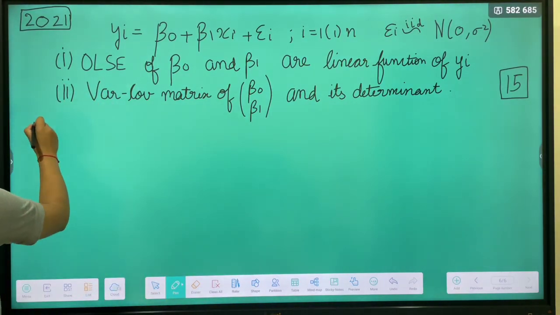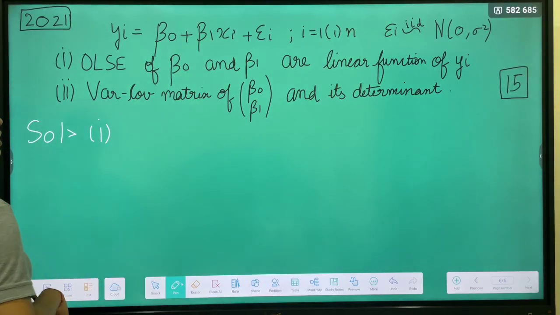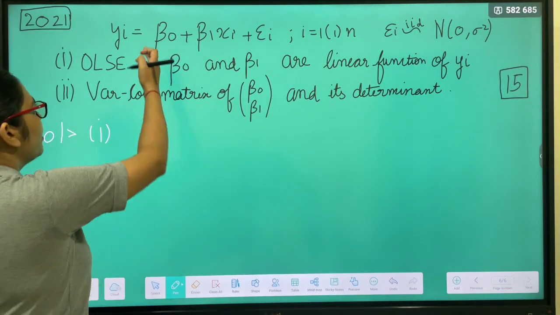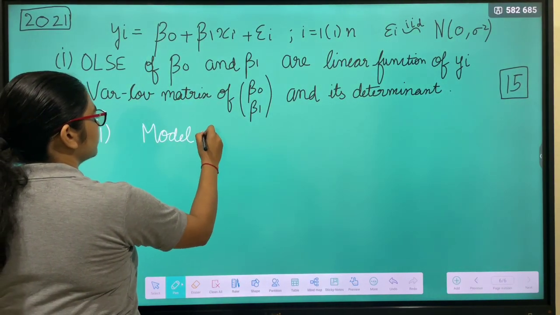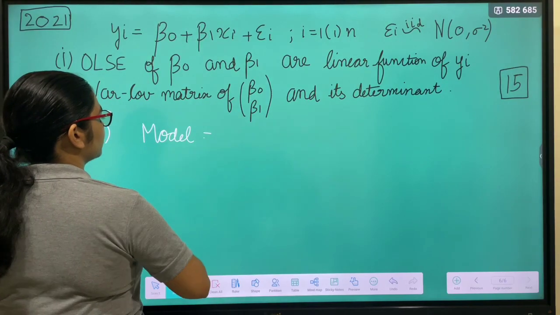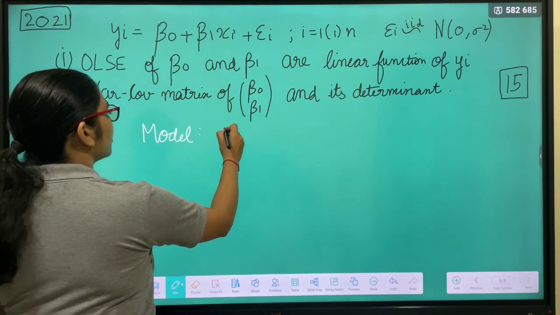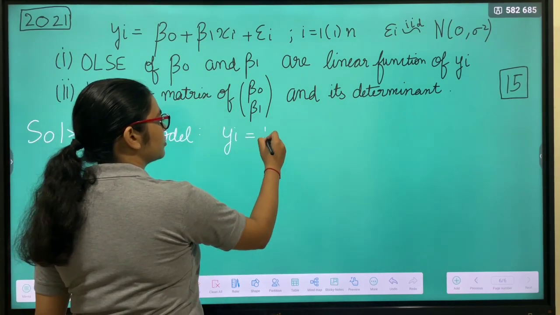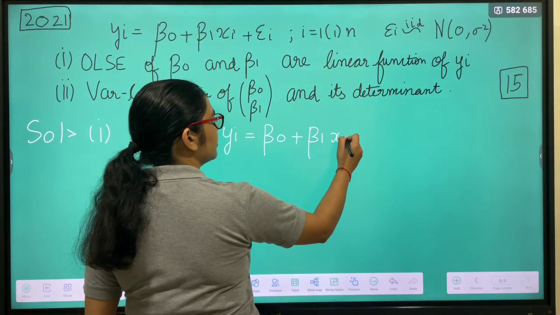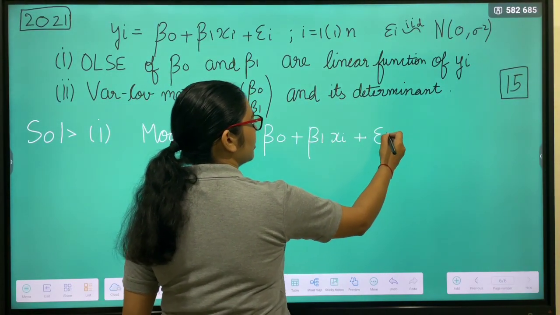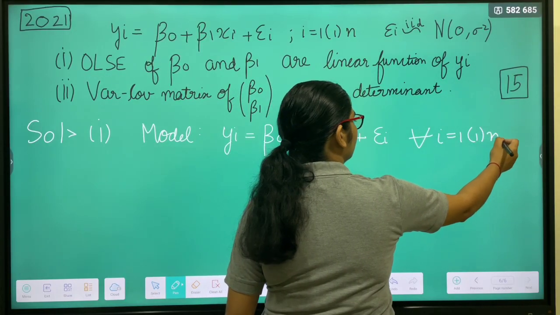So let us start solving. First part, OLSE of beta naught and beta 1. From here only, we will see that the model is yi equals beta naught plus beta 1 xi plus epsilon i, for all i goes from 1 to n.